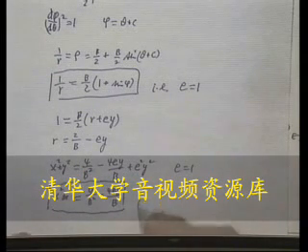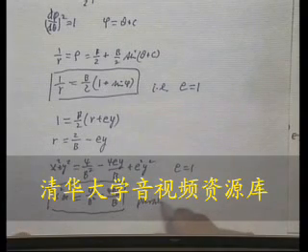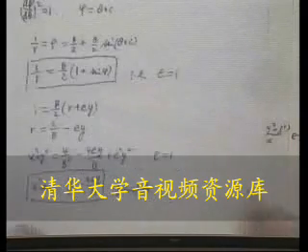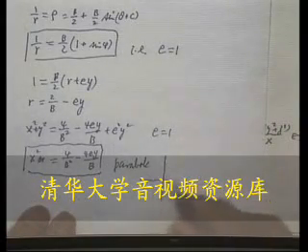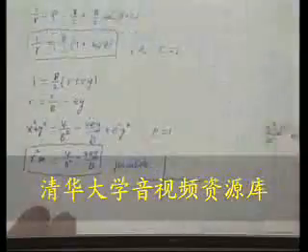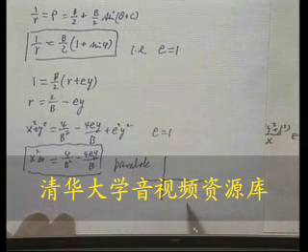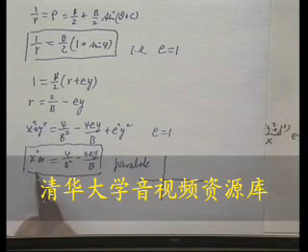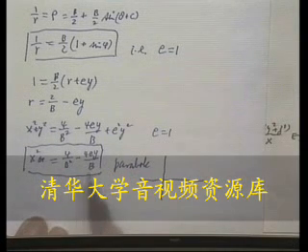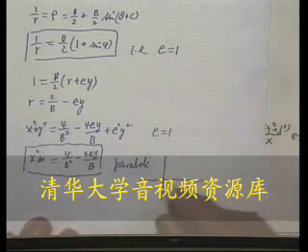That's a parabola. When x is equal to 0, y is equal to the ratio of 2, so it's here.